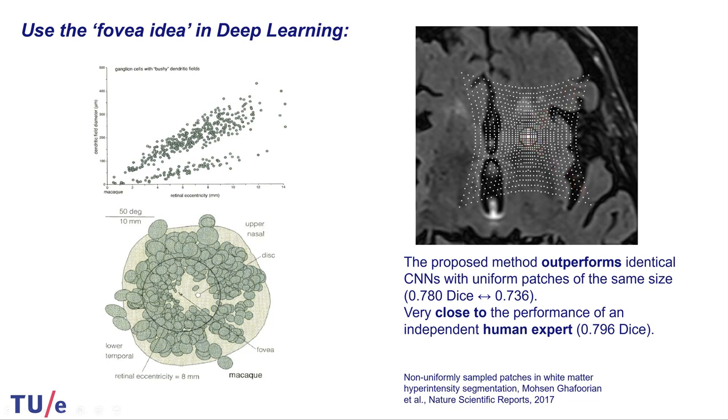This has the advantage that convolutions with these filters are very efficient because you cover a larger area with less computing. And it turns out that they outperformed CNNs that had uniform patches, and they came very close to the performance of a human expert by using the same trick as we see in the fovea on the retina.